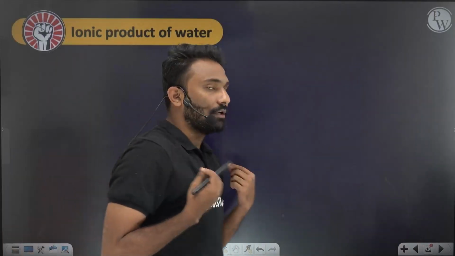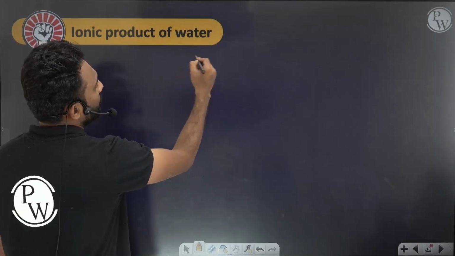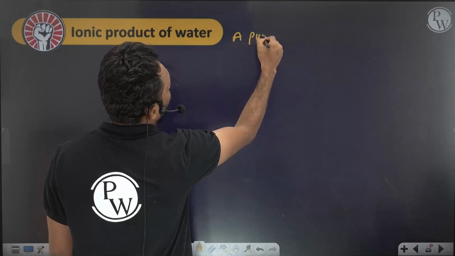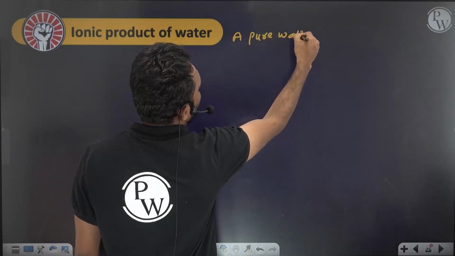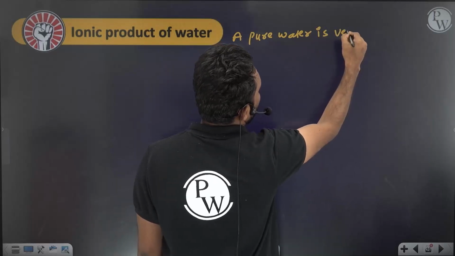Ionic product of water. Ionic product of water andre enandre, see, pure water is a very weak electrolyte.